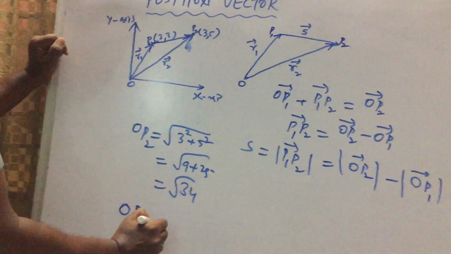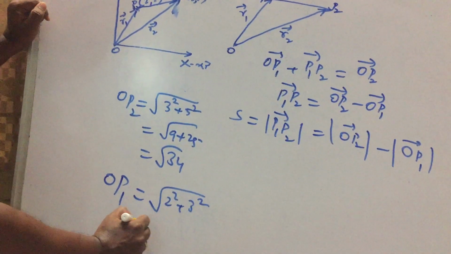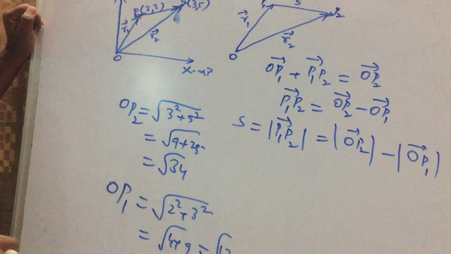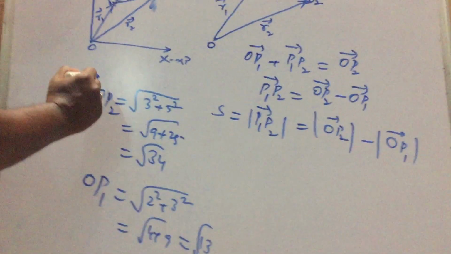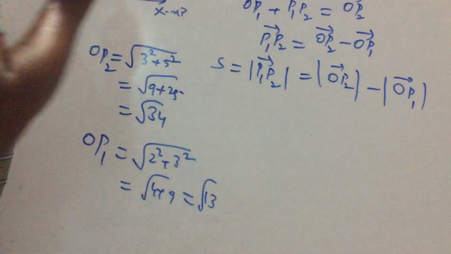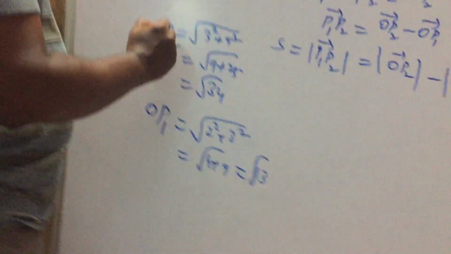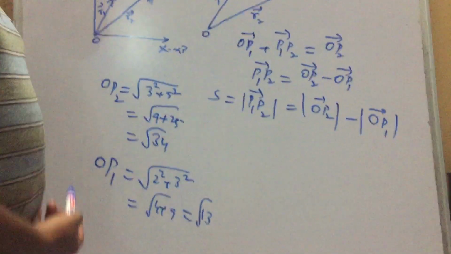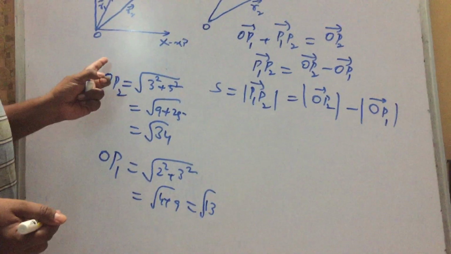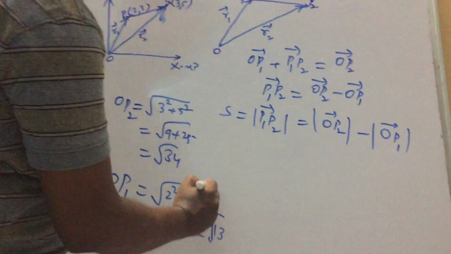OP1 equals the square root of 2 square plus 3 square, 4 plus 9, 13, root 13. Now OP2 here is different from the vector OP2: it is the magnitude of the vector OP2, and I am not writing any arrow mark above it.